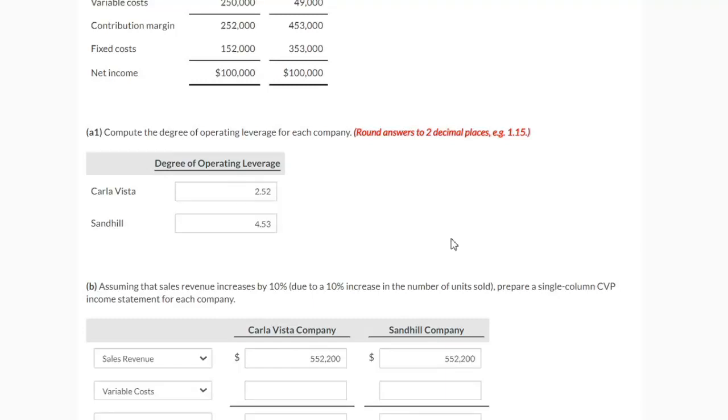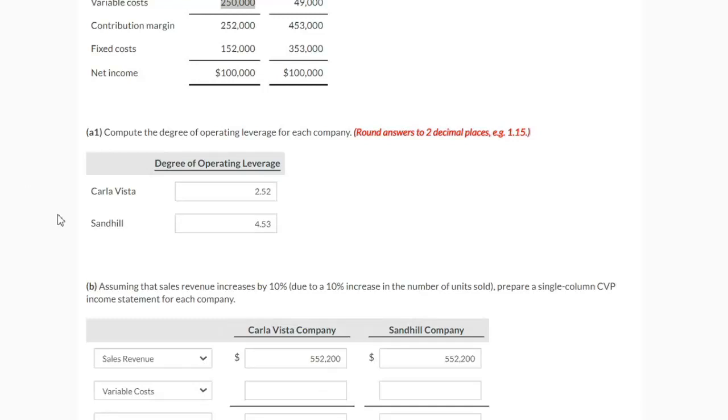That is 250,000 divided by 502,000. What percentage do you get? 59.8. Okay, now down here, take 59.8 of the sales.